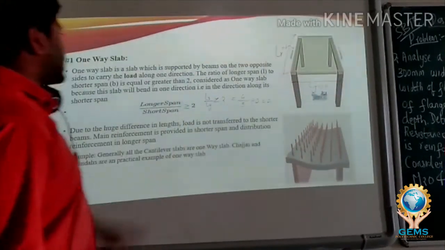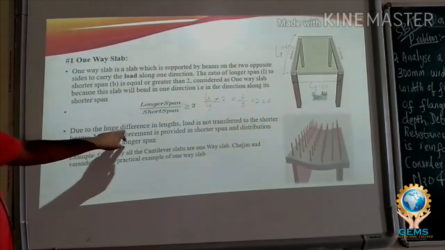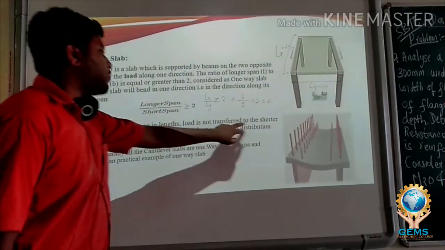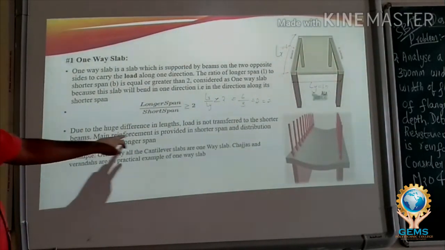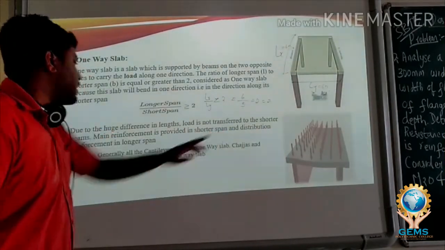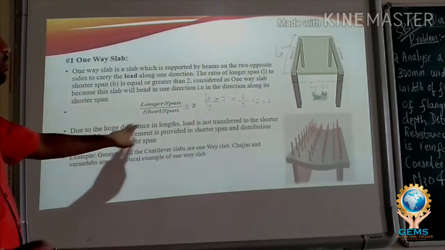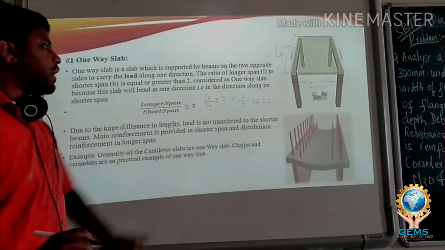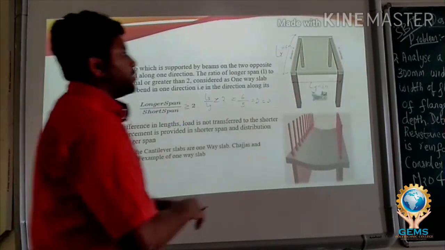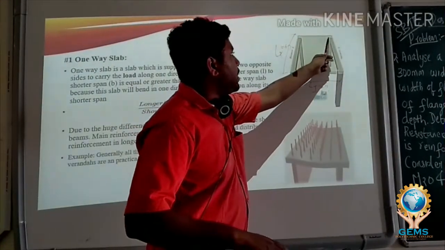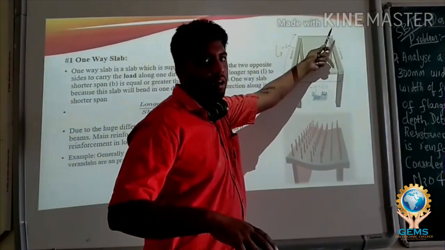Understand? Due to the huge difference in length, load is not transferred to the shorter beams. Main reinforcement is provided in the shorter span and distribution reinforcement is provided in the longer span. On this shorter side, the load will not transfer.